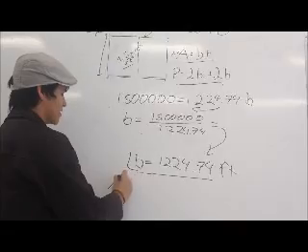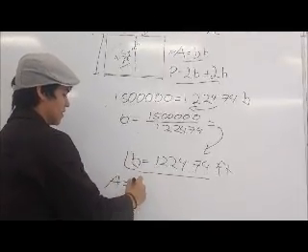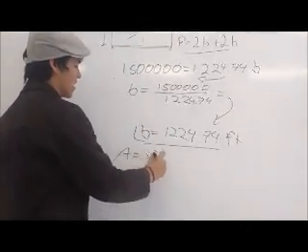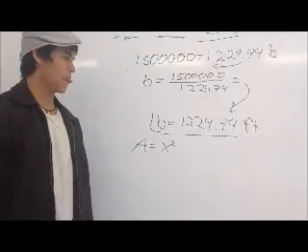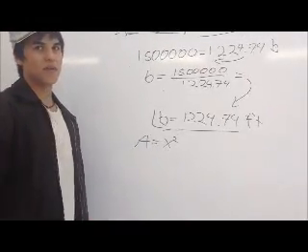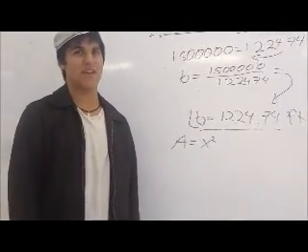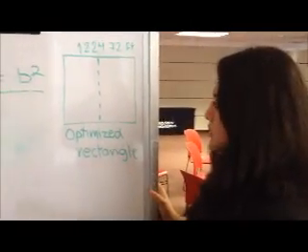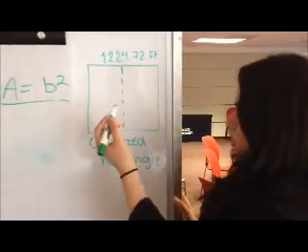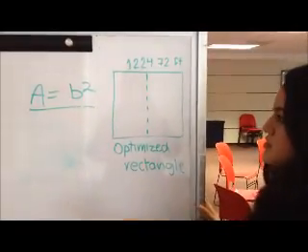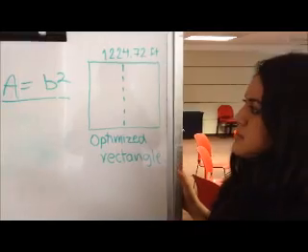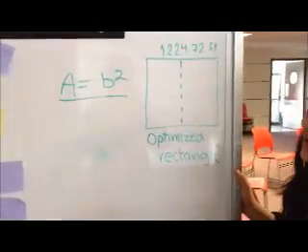So we know that the area is equal to the side squared. This means that we have an optimized rectangle, which is a square. All the sides of the rectangle are the same, so to get the area would be the same as taking the area of the square.